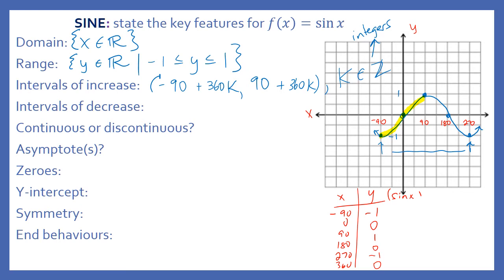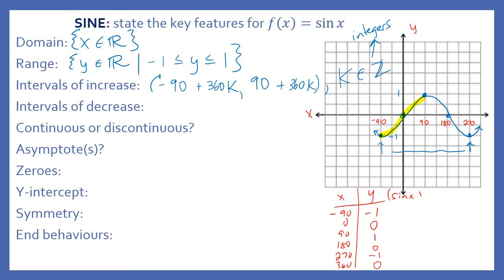So what this means is if I take negative 90 and add a multiple of 360 to it, and take 90 and add that same multiple of 360 to it, I will get an interval of increase. Now that's kind of hard to wrap your head around, so you might want to go back and listen to that part again.